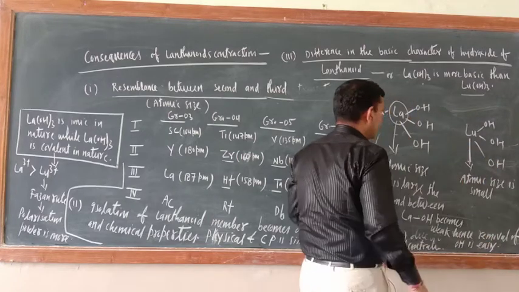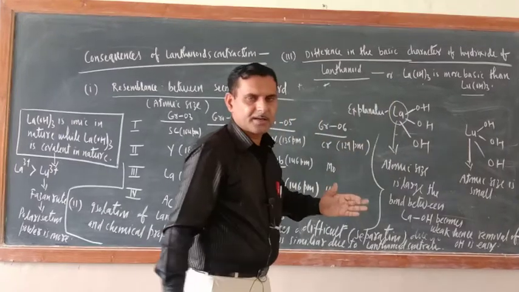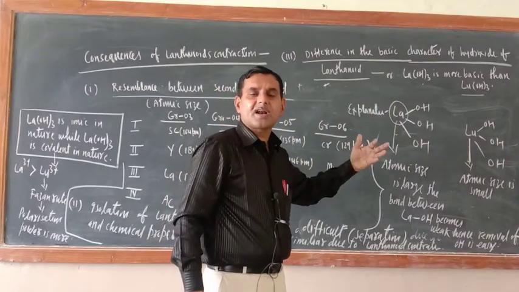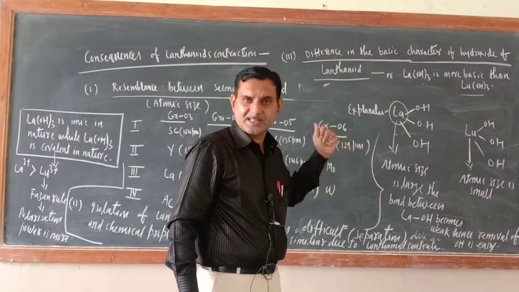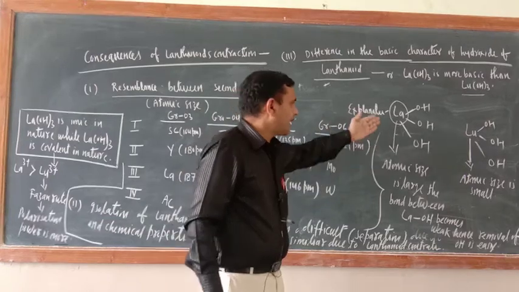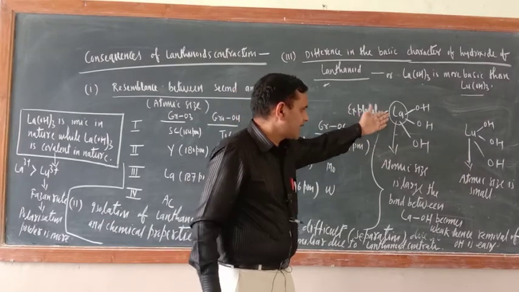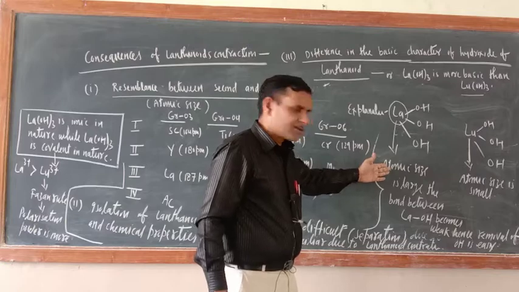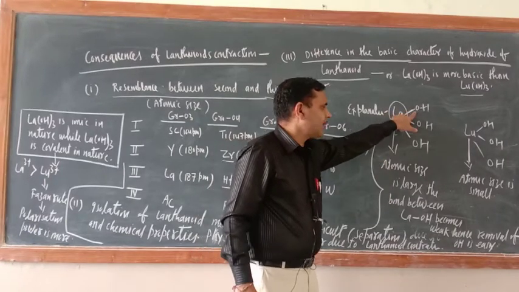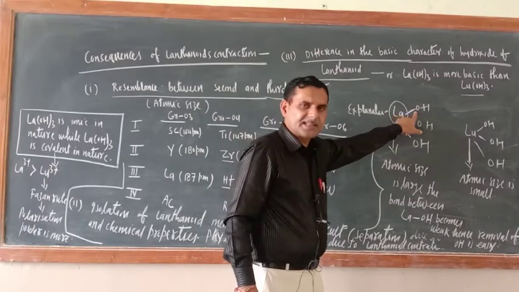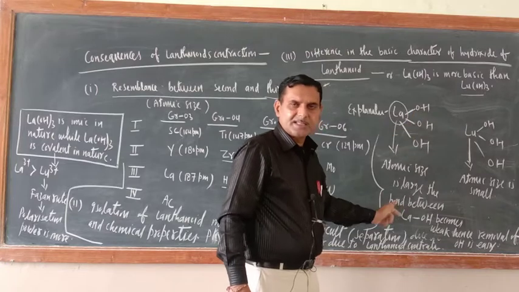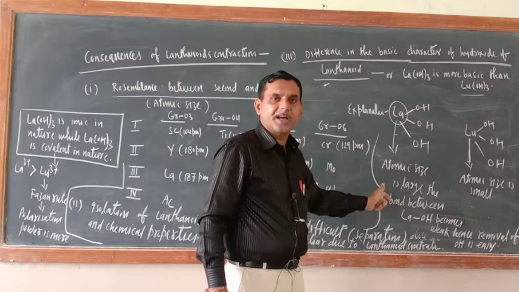What is the meaning of basic character? The substance which easily furnishes OH negative ion, that is basic. So in case of lanthanum, the atomic size is large, so the bond between La and OH is weak due to large size of lanthanum. Hence the removal of OH negative is easy.